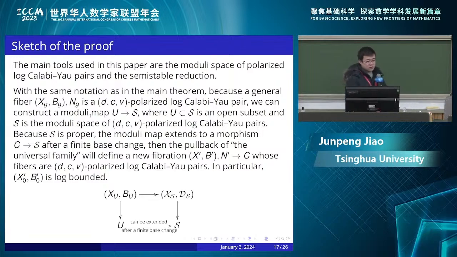Because S is proper, the moduli map will extend to a morphism C to S after a finite base change.